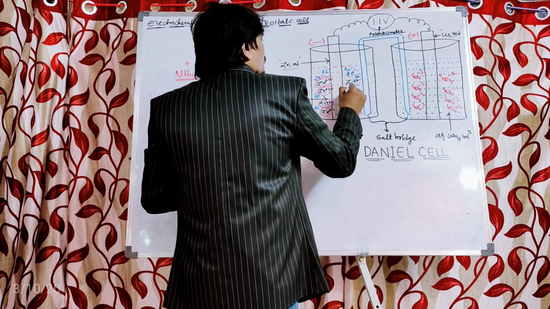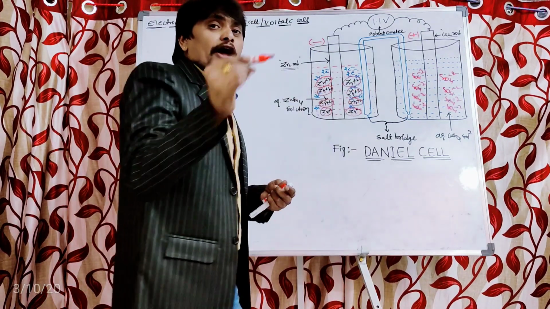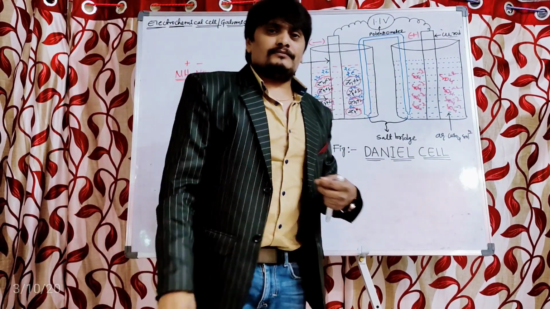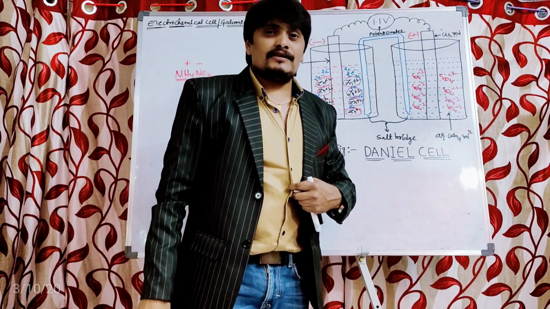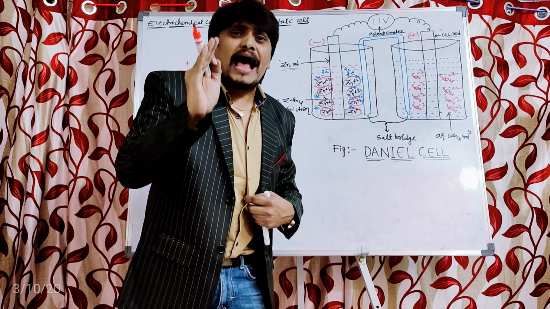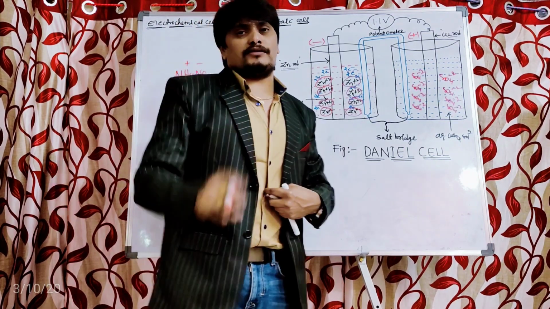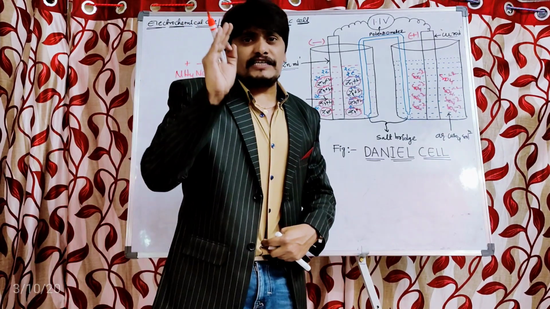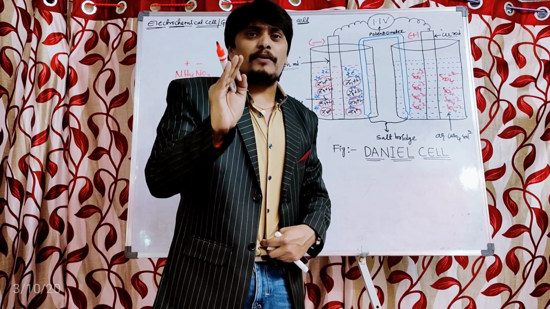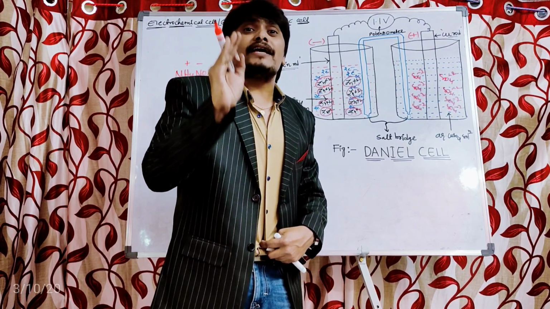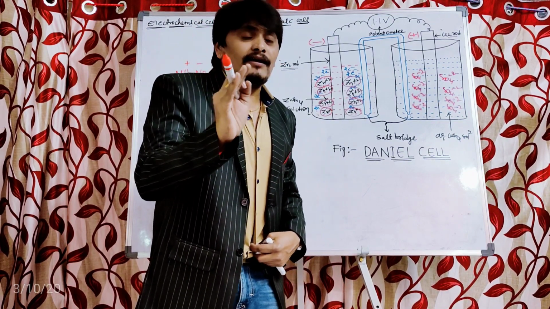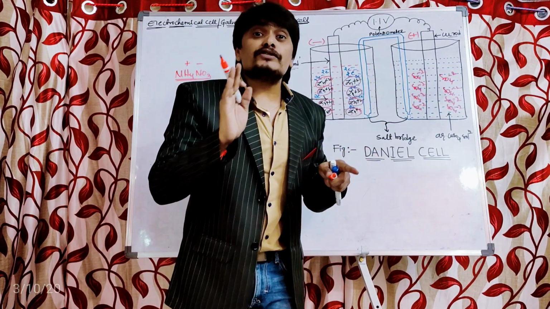Now the concentration of Zn+2 ions will increase drastically, in such a manner that these Zn+2 ions will become a barrier for the free flow of electrons. If the electrons do not flow, then the whole process is not possible.